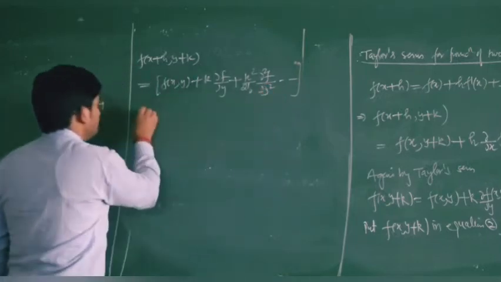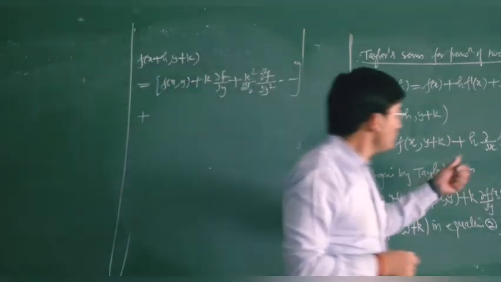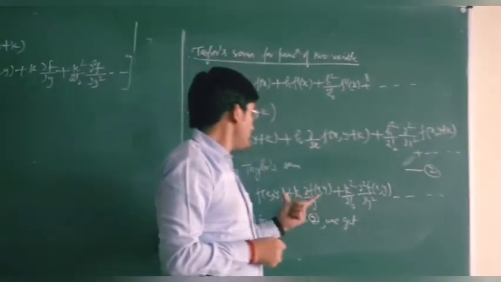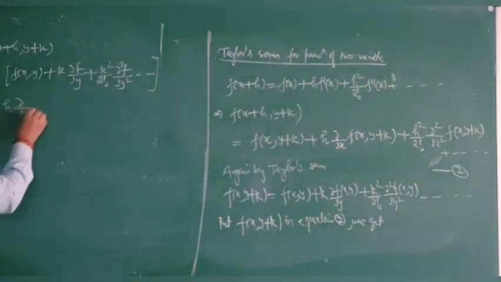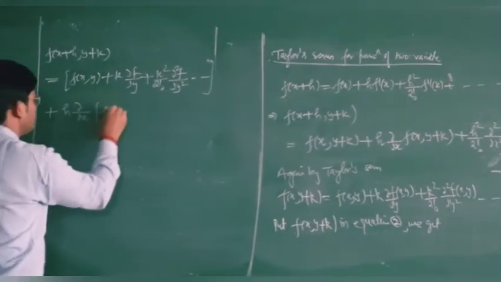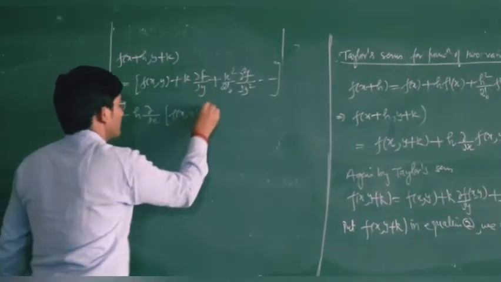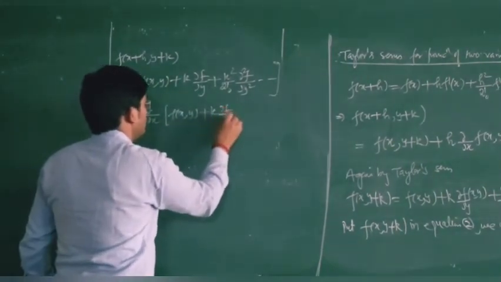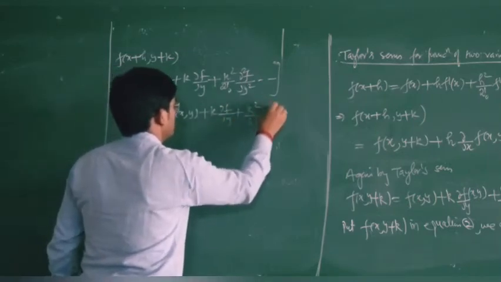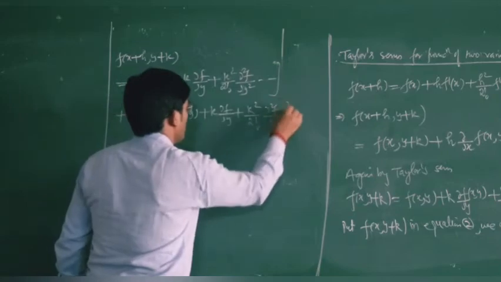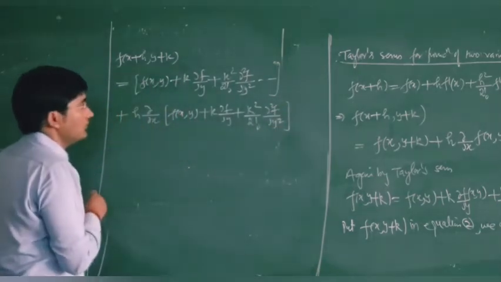Then the second term was h into del by del x of this bracket. So h into the first order derivative with respect to x of this bracket. Then and so on.